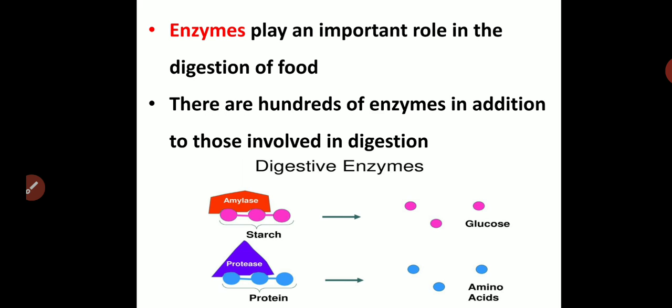What do they do? They break down the food substance into simpler forms, as you can see shown in the diagram. The starch that is present is broken down by amylase into simpler forms of glucose. So from complex form to simple form. This is done by the enzymes.